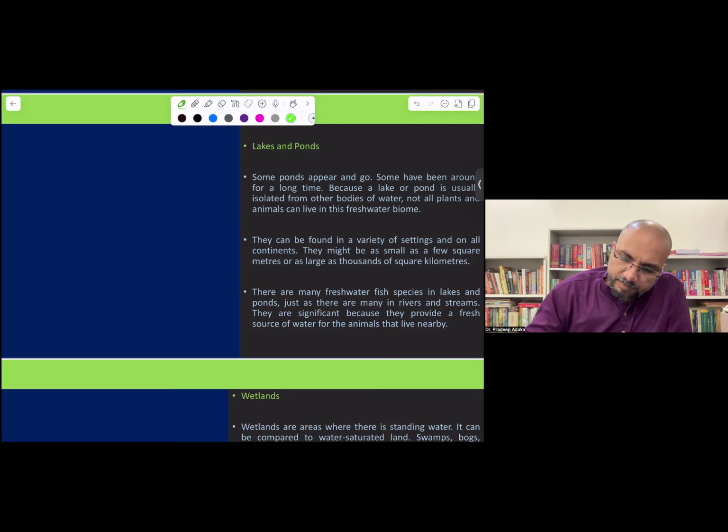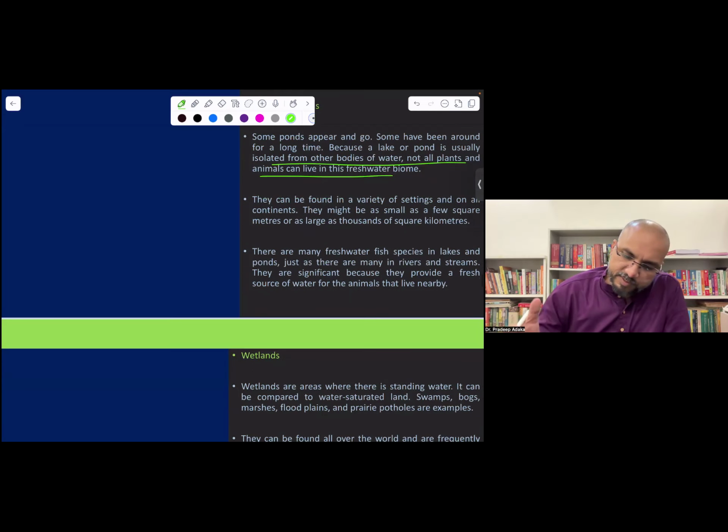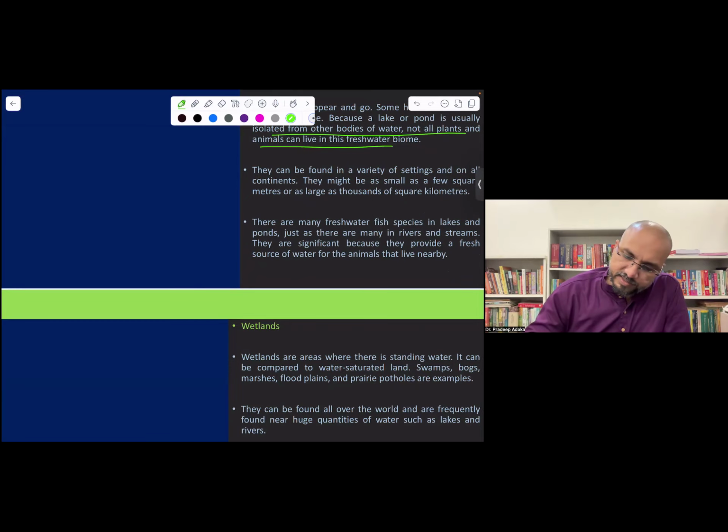Because a lake or pond is usually isolated from other water bodies, not all plants and animals can live in this freshwater biome. These can be small or very large ponds or lakes.